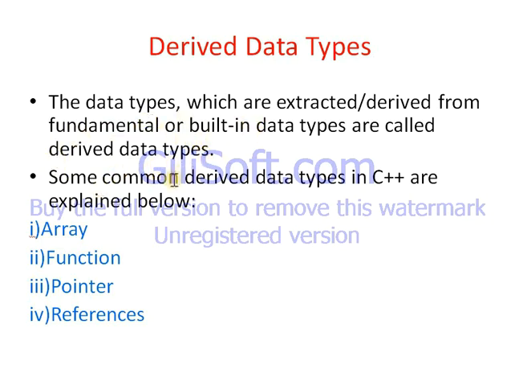The data types which are extended or derived from basic or built-in data types are known as derived data types. There are 4 derived data types present in C++. First is an array, second function, third pointer, and fourth references.